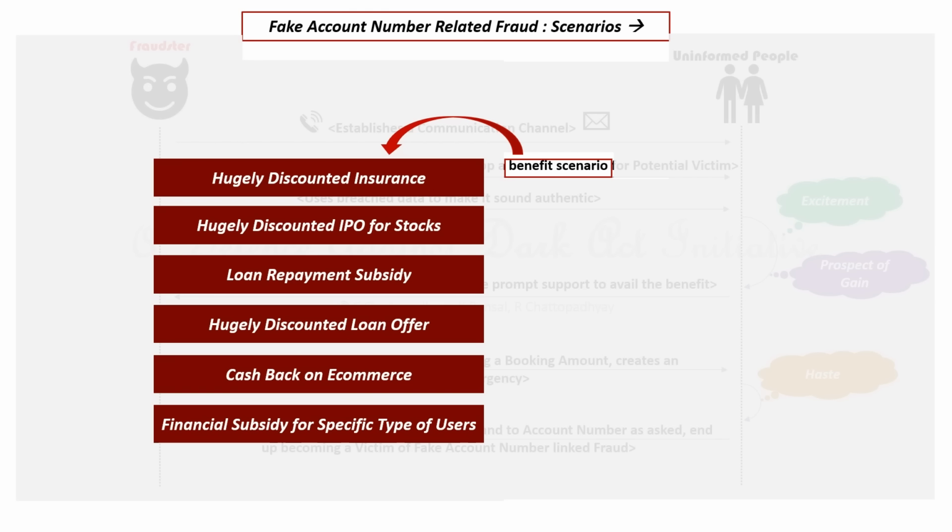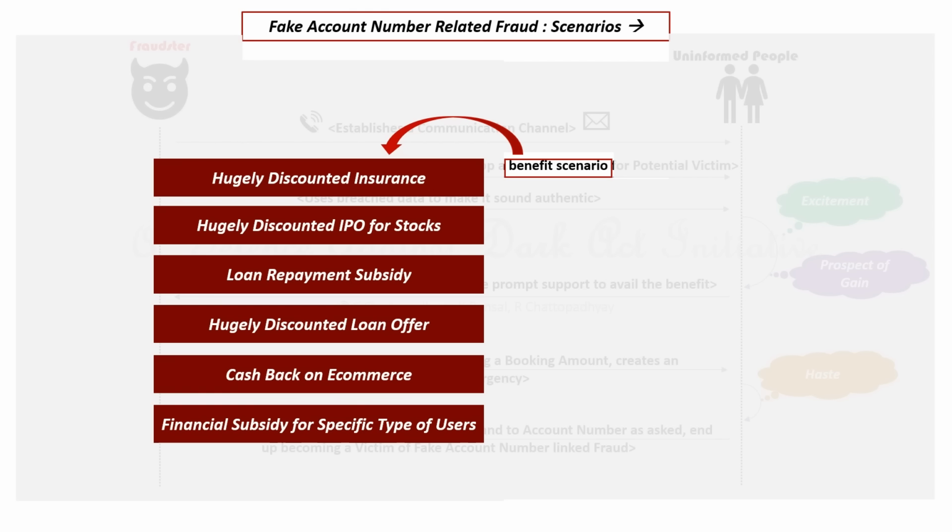Or it could be a stockbroker kiosk offering a hugely discounted IPO for stocks. It could be a kiosk made to look like a financial institute, offering a loan repayment subsidy. Or it could be a hugely discounted loan offer.